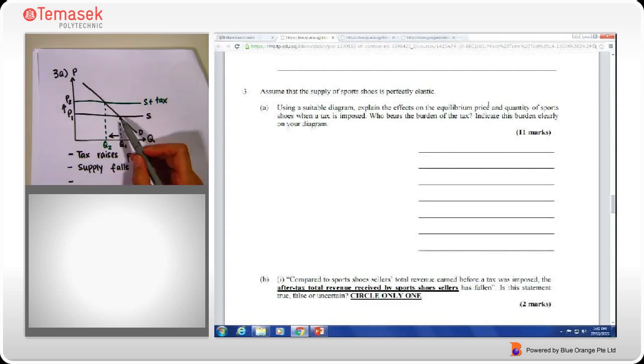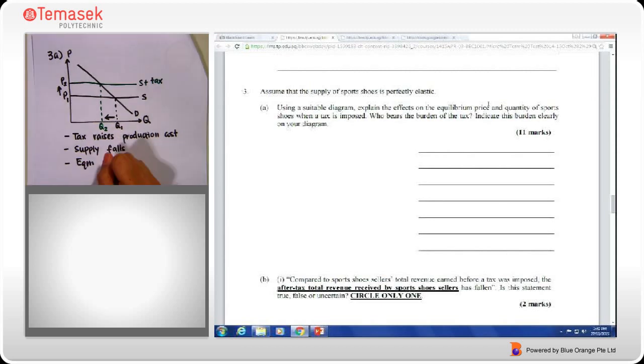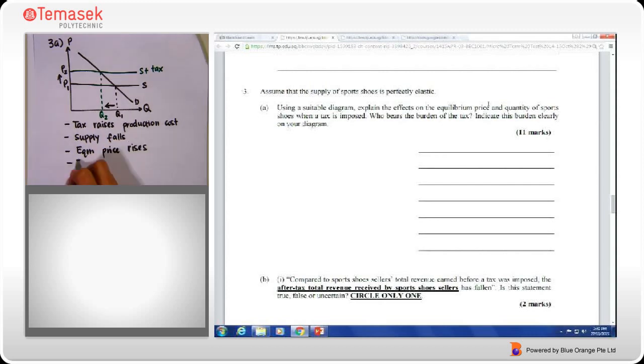The effects would be the change in equilibrium price. We can see from the diagram that equilibrium price rises, equilibrium quantity falls, as shown by the arrows.